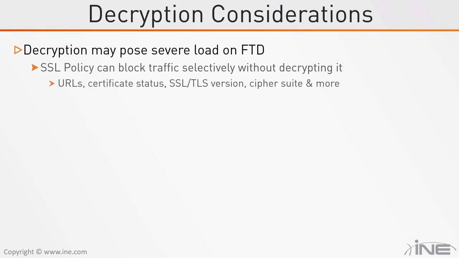Now, the second main component of an SSL connection that we can also use to distinguish between the sessions is going to be the certificate itself. And of course, we are talking about the server certificate here. One of those fields you can look at within the certificate is the status, but we have many more.